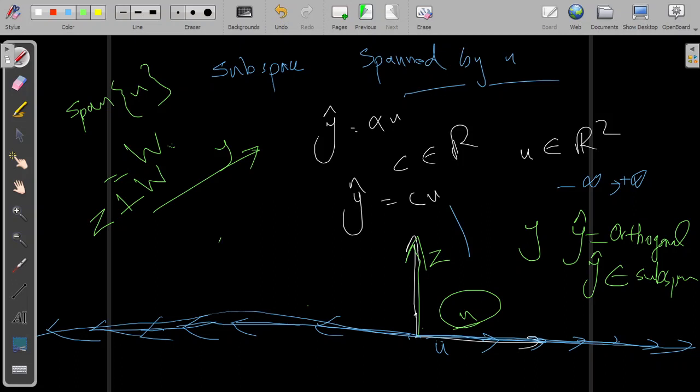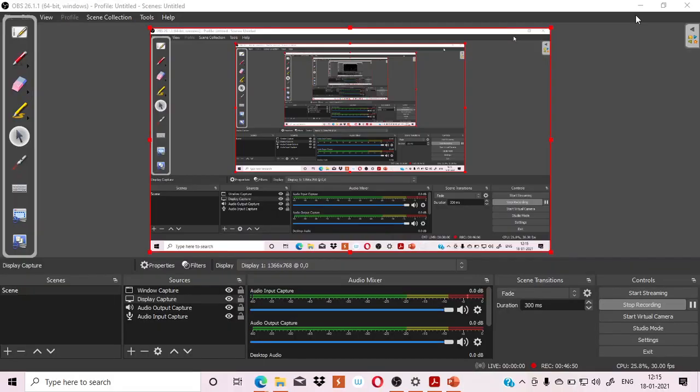So that means you are resolving any vector y into two components, where the first component is in subspace w, that is y cap, which belongs to w, and the second component is z, and that will be perpendicular to the subspace w. So that's the idea.